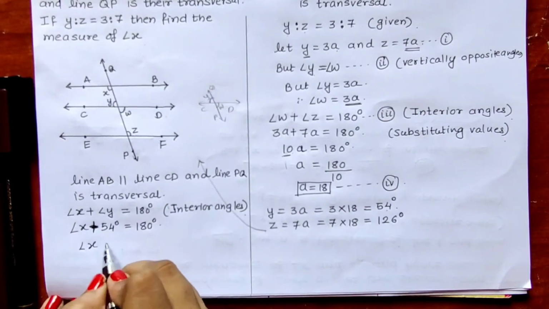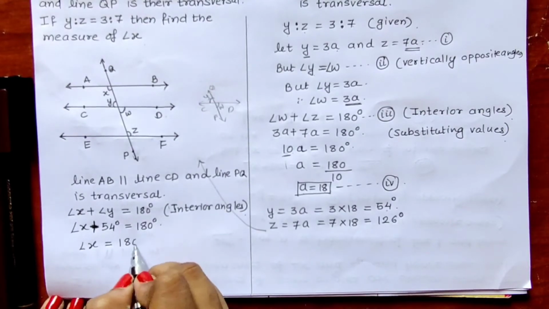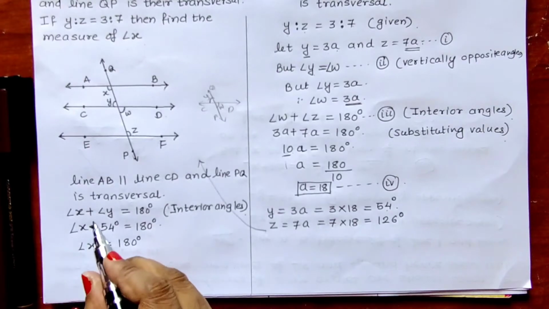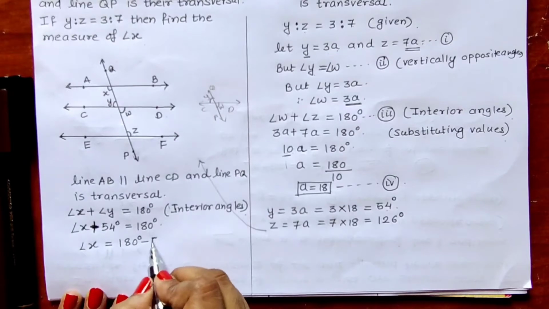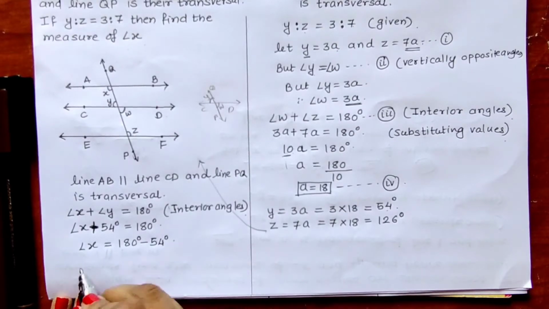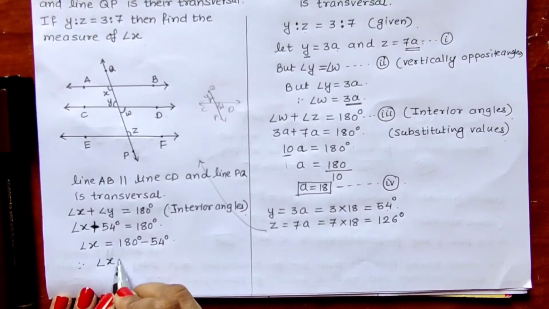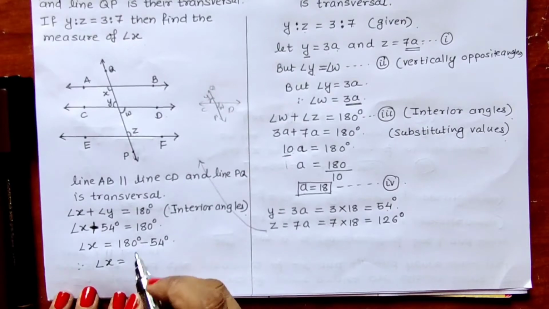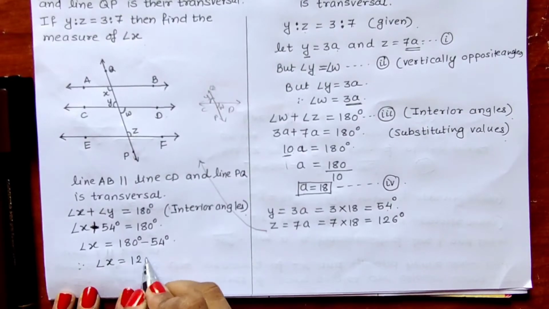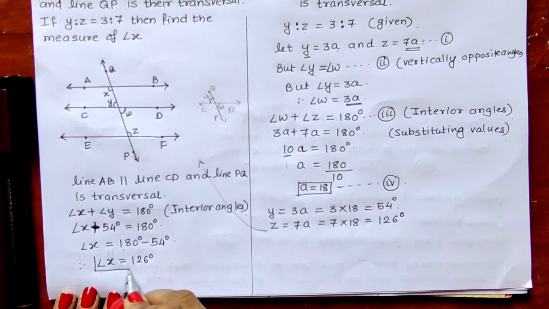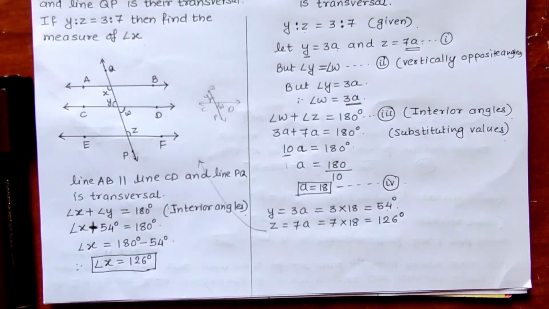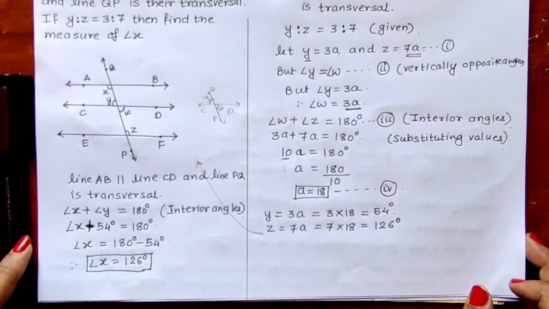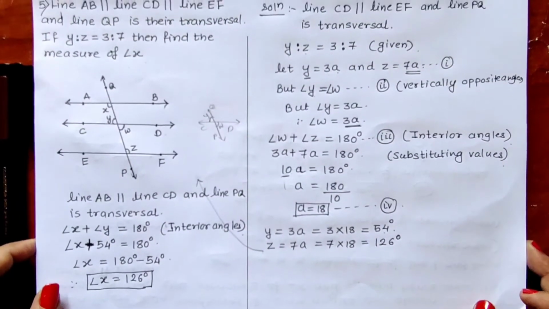X as it is I am going to write, is equal to 180 degrees as it is. Only plus 54 we are going to transfer from left to right. It becomes minus 54. And therefore X is equal to, what is 180 minus 54? It is 126. In this way the value of X we have got 126. So this is the full solution.